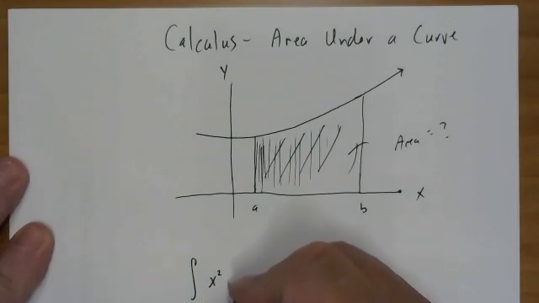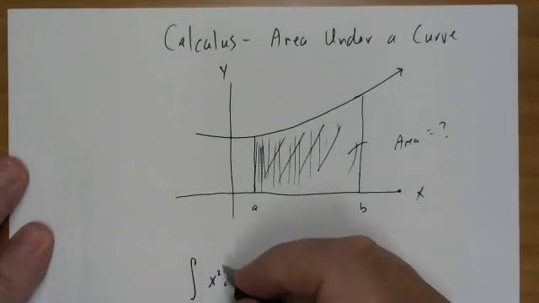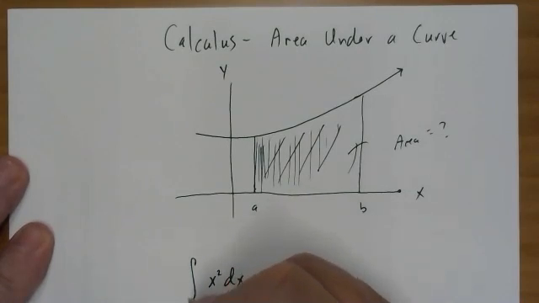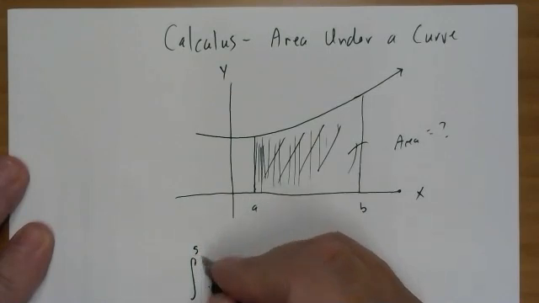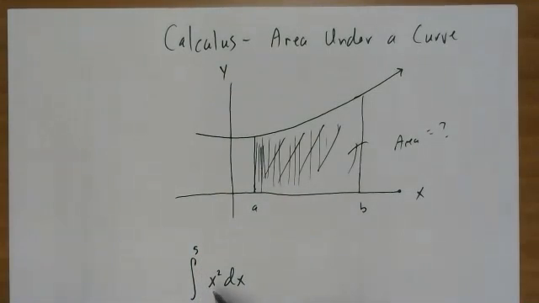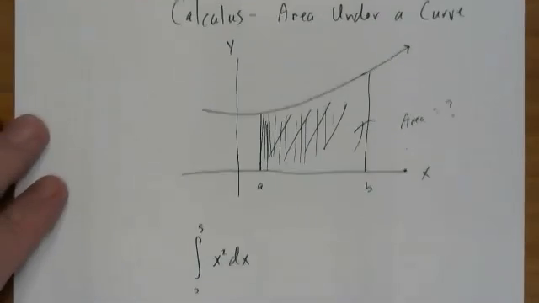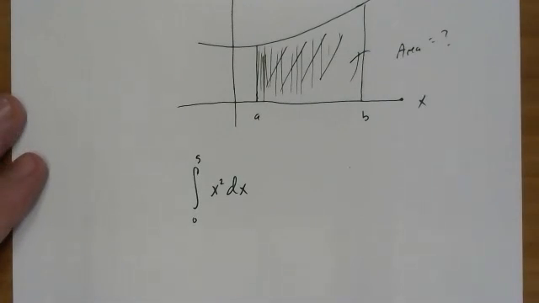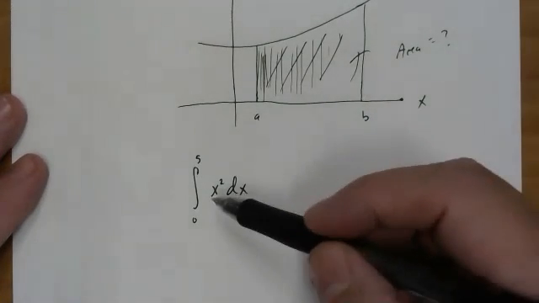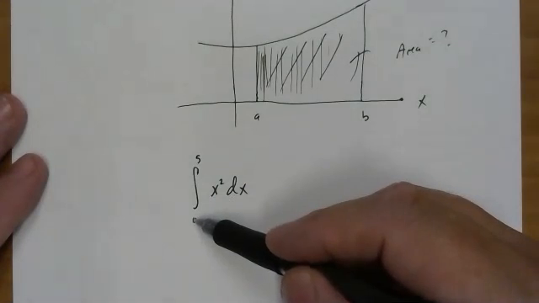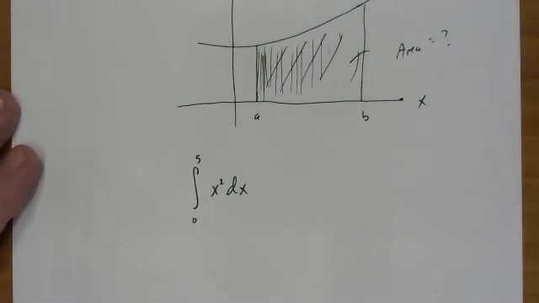The curve we're looking at is x squared. We're going to try and find the area under this x squared function that's above the x-axis, but beneath this equation. And along the x-axis, we want to go from 0 to 5.